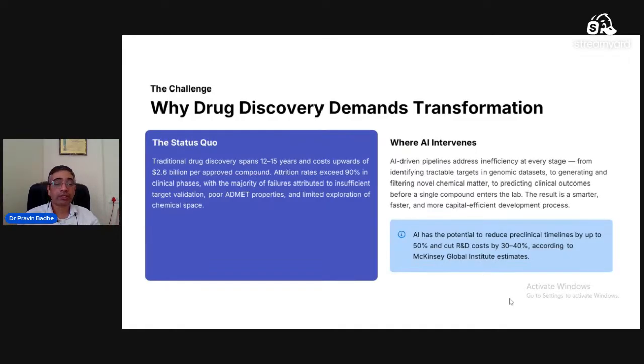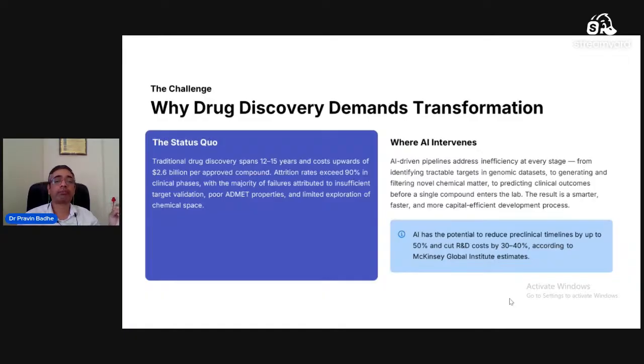Again, it is a big number, but one of the major issues is that the leads which are taken from the basic drug discovery and converted into a product, that percentage is also very low. About 3 to 5% of the molecules reach the market.